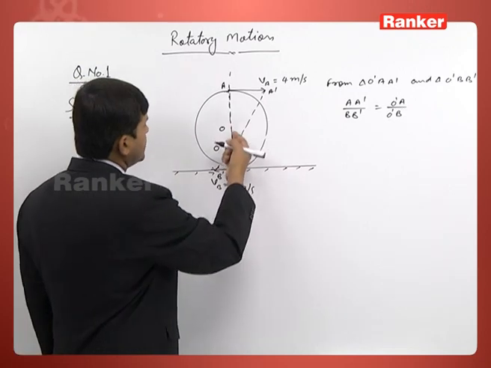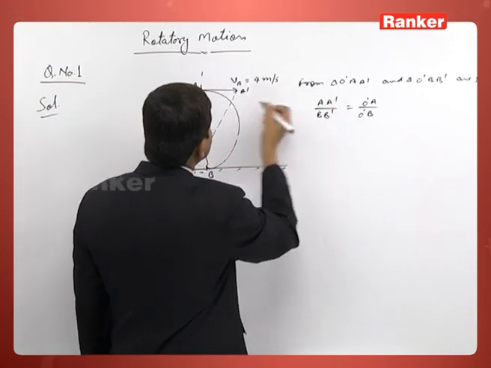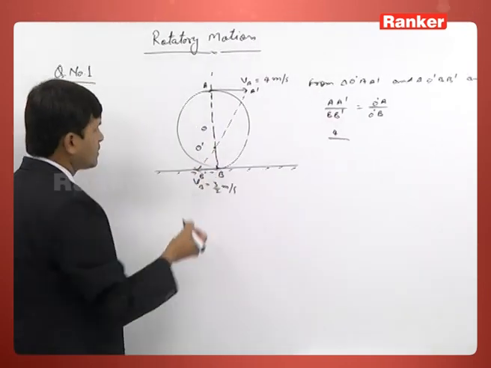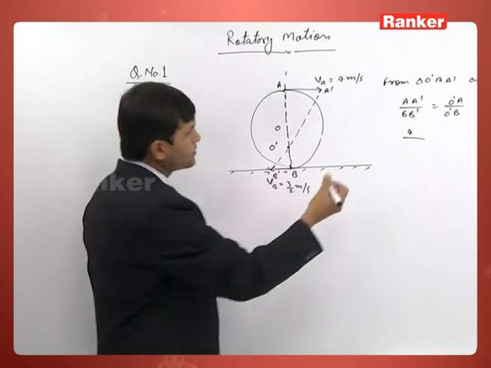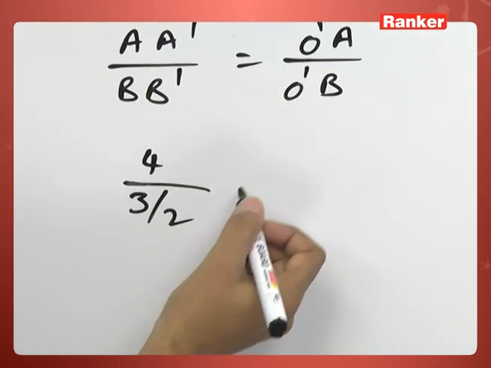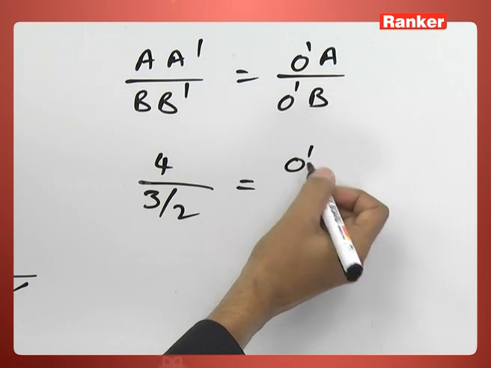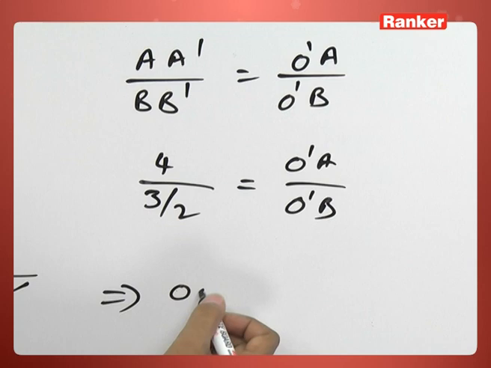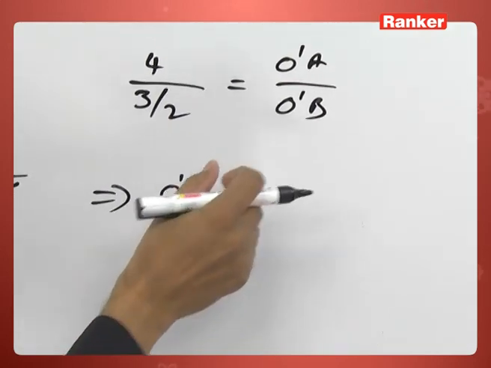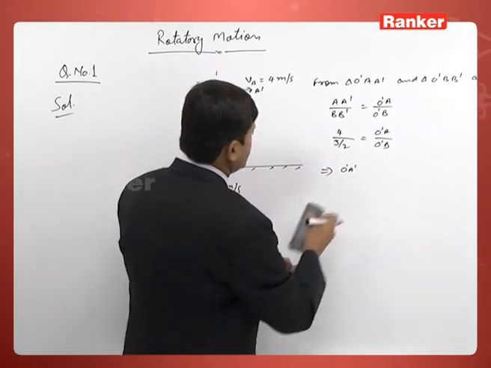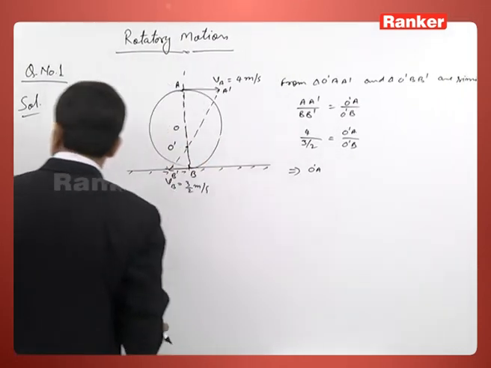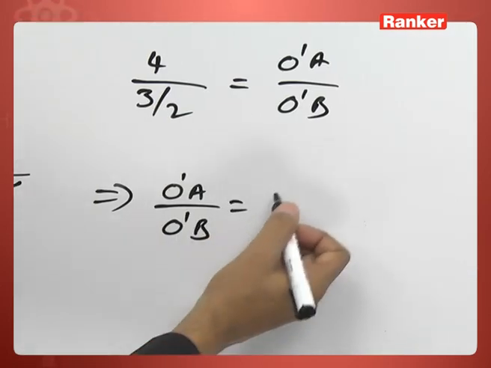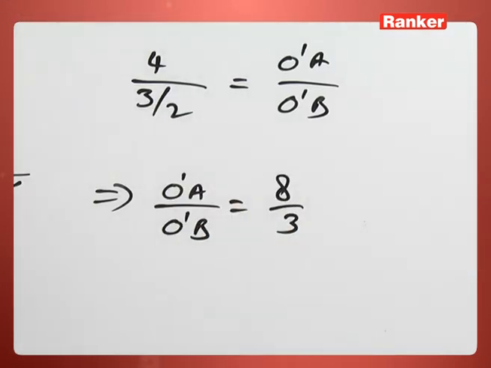Let us find some values. A dash is 4, and B dash is 3/2, so O dash A by O dash B is 8/3.